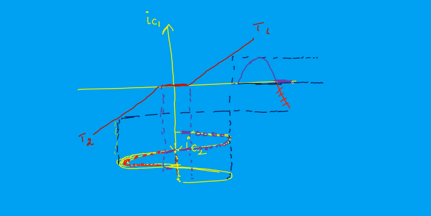Sorry, now this is correct. So this is the distortion here. Some part of the signal is missed in the output. So this happens for the exact class B operation, and this is called crossover distortion. It is always present in the exact class B operation.